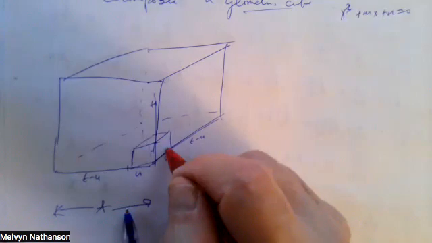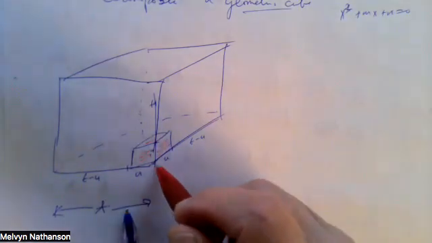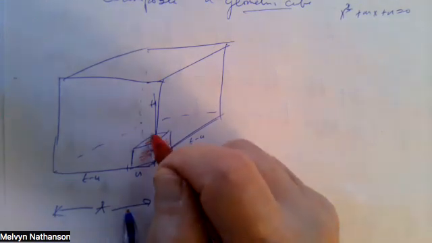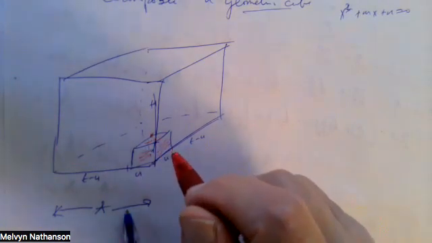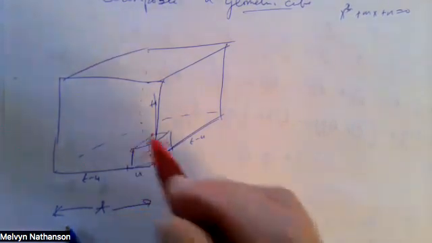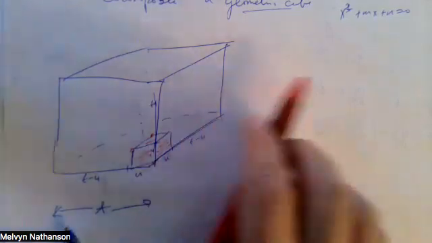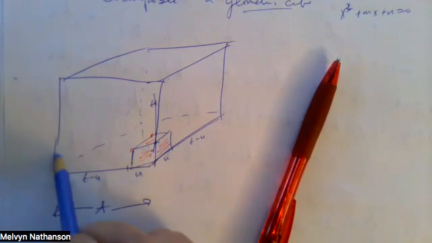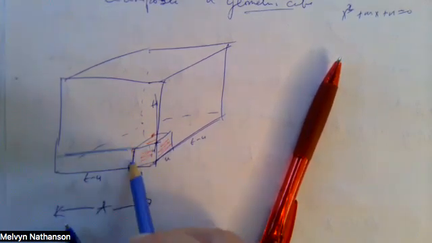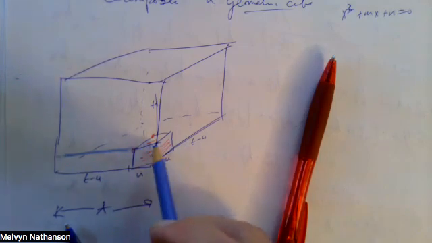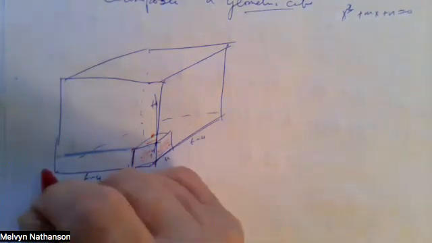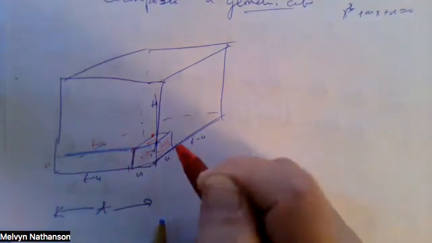So down here in the corner of the cube, I have a little cube whose side is t. And if I look at this side corner of the cube, in this face, this is a rectangle. This is t minus u. This is u. This is t minus u.